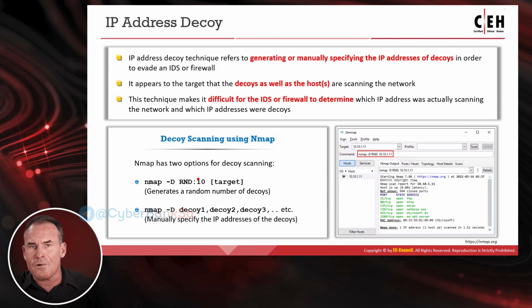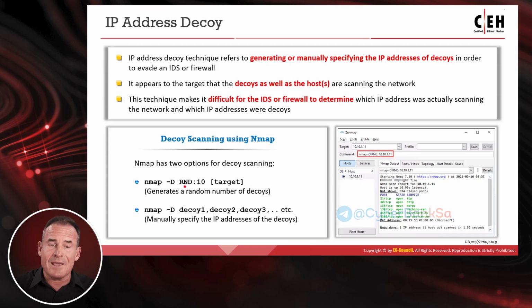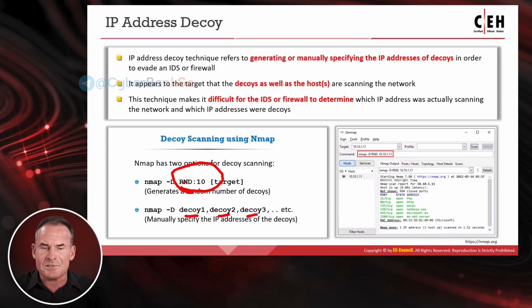It makes it difficult to determine who's doing the scan. Randomization can be specific, decoy 1, decoy 2, decoy 3, etc., or you can have it pick random addresses in a specific number. That allows you to hide the source of the scan, which means you have to track down each decoy.